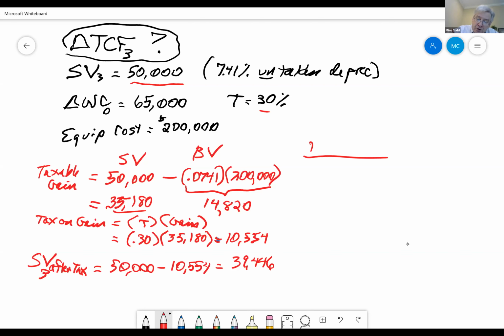So our terminal cash flow in year 3 would be the salvage value after tax, which is $39,446. And we'd also have the working capital recovery.